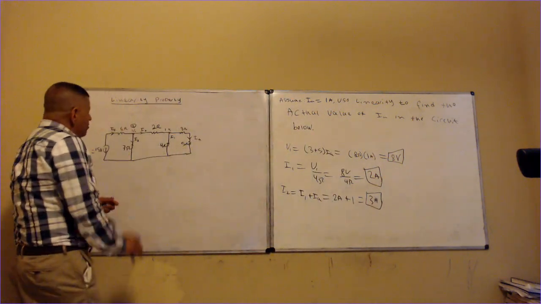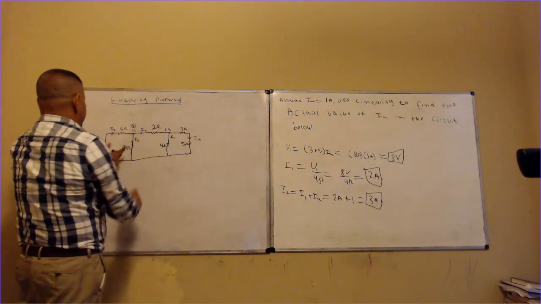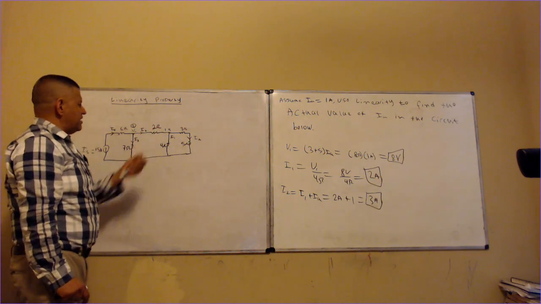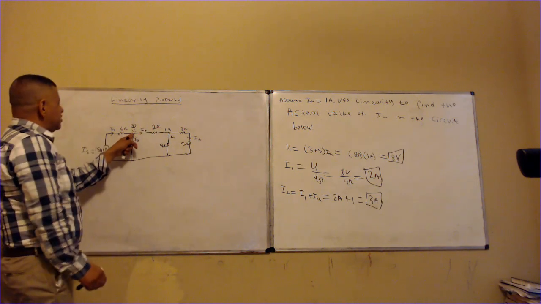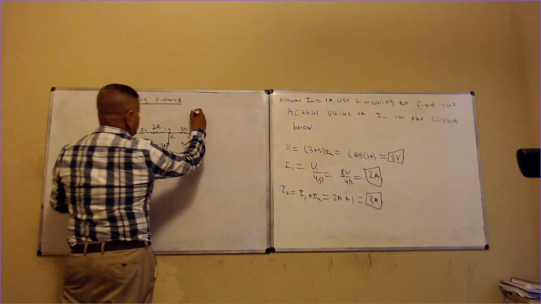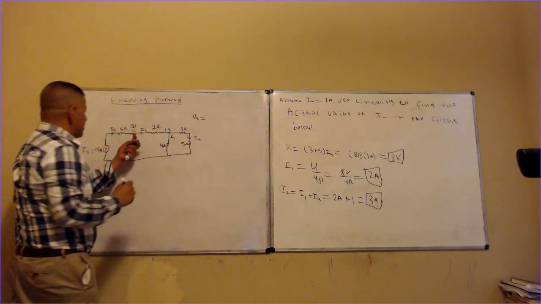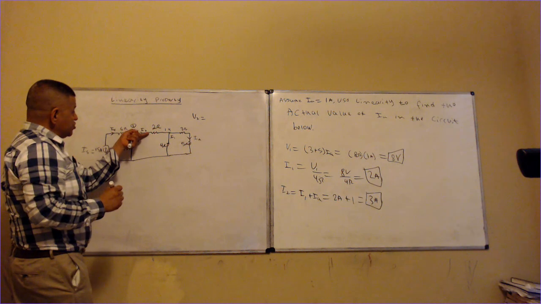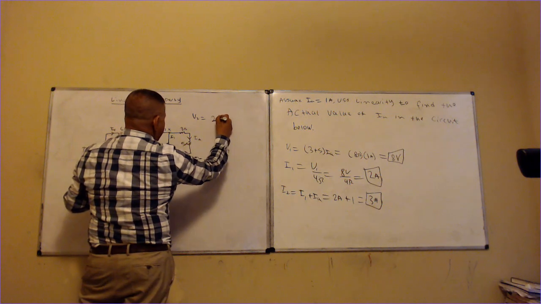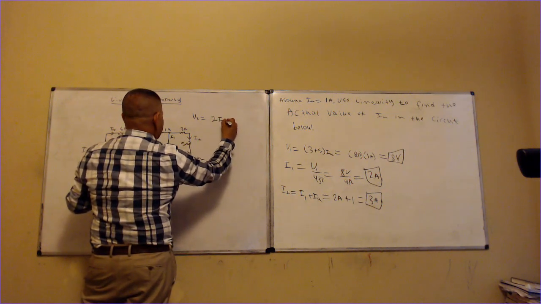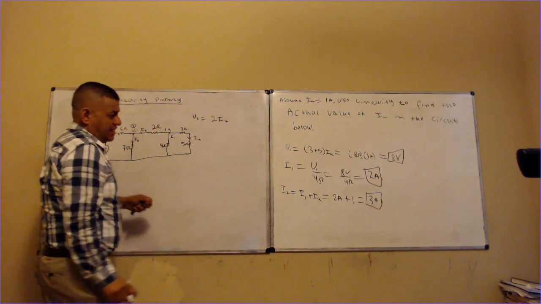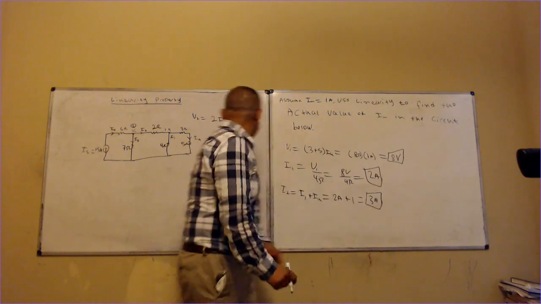Okay, so now I am here. I found this guy. Now notice that I have resistance over here. Now I can say that V2 at that node is going to be equal to the current going through this node, which I found, times the resistance, which is 2 I2.